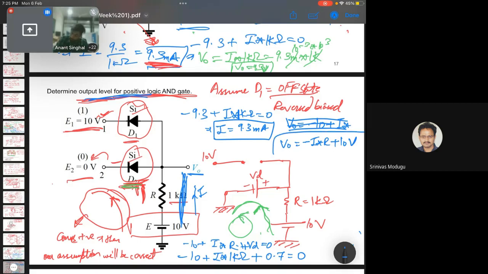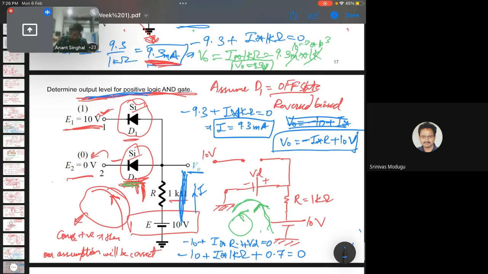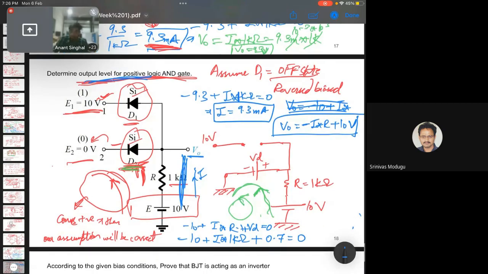I hope there is no confusion in this equation. Is there any confusion that V naught is minus I into R plus 10 volt? Please respond if there is any doubt.